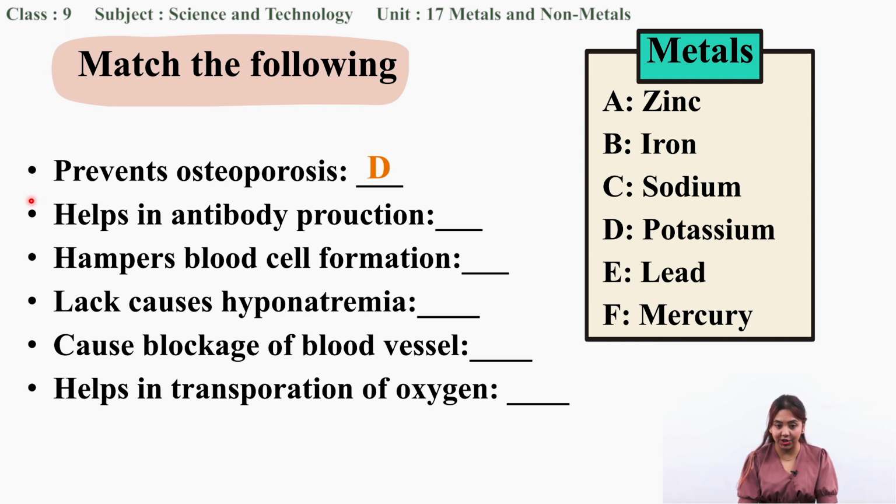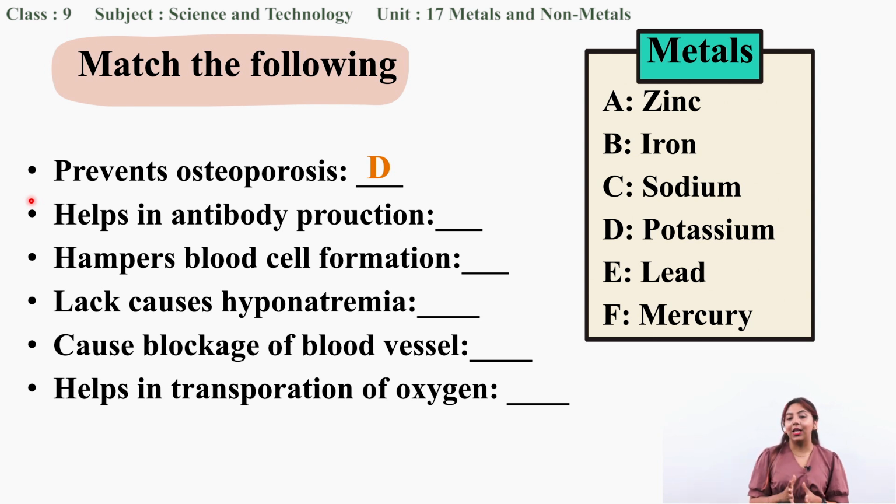Yes, it's potassium, because potassium retains calcium in our body and prevents a high amount of calcium from being excreted through urine. If the calcium is retained, our bone stays strong, as bone needs calcium. If our bone is strong, we will not suffer from osteoporosis. That is how potassium prevents osteoporosis.